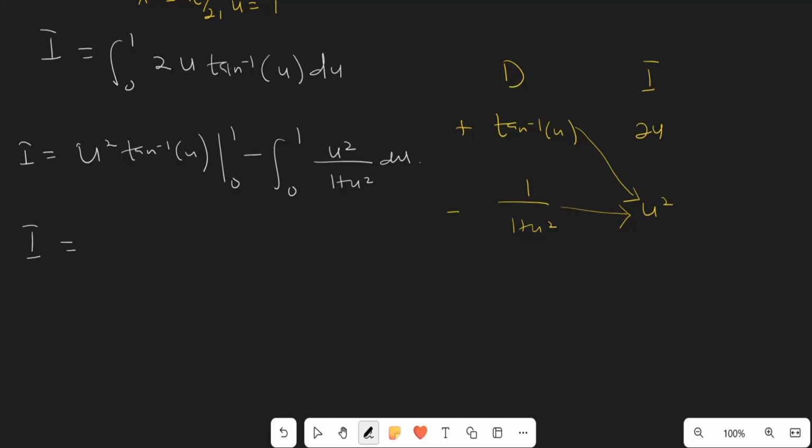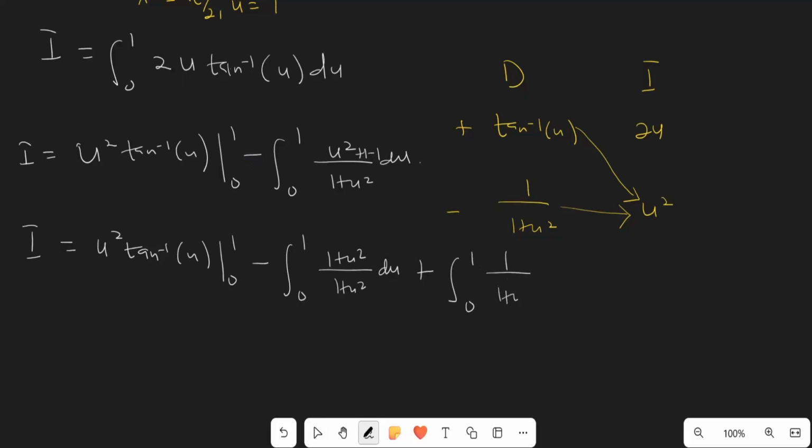So I is going to be u squared tan inverse of u. I'm not going to plug in the limits now. Minus this one, I can do by adding 1 and subtracting 1 in the numerator. That is going to split this integral into the integral from 0 to 1 of 1 plus u squared over 1 plus u squared du, plus, that's minus here and minus here, that is going to be plus the integral from 0 to 1 of 1 all over 1 plus u squared du.